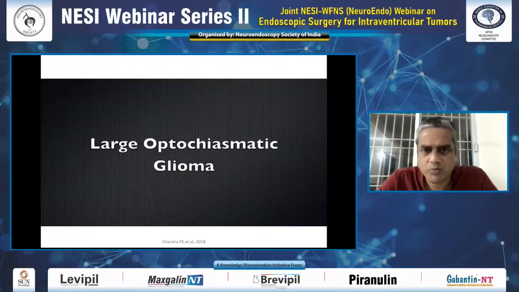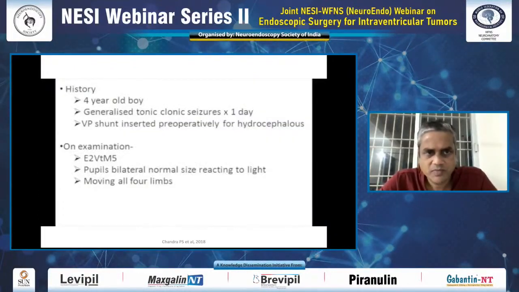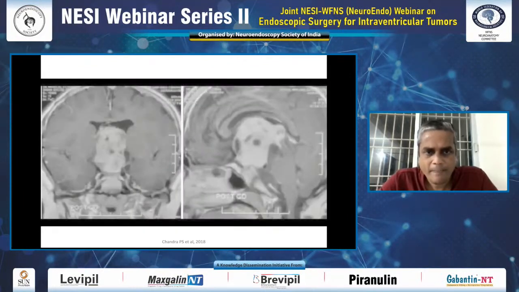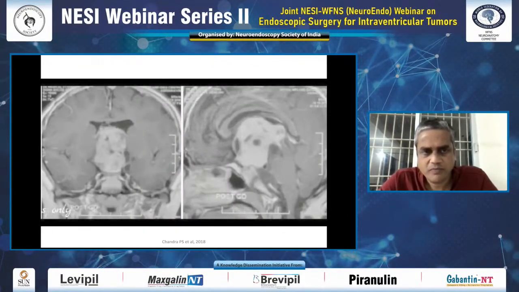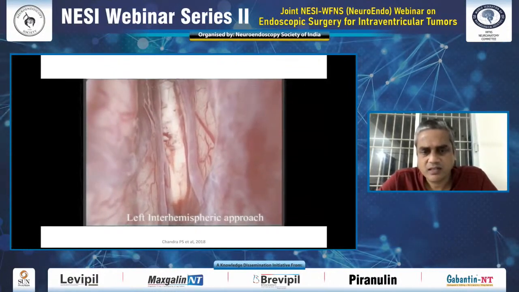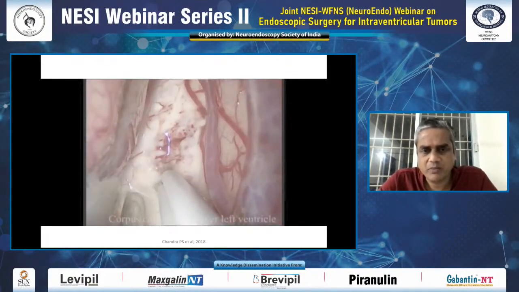Now this is a large optochiasmatic glioma in a 4-year-old boy. So you can see it going right up to the base, and we again approached it from an interhemispheric approach.